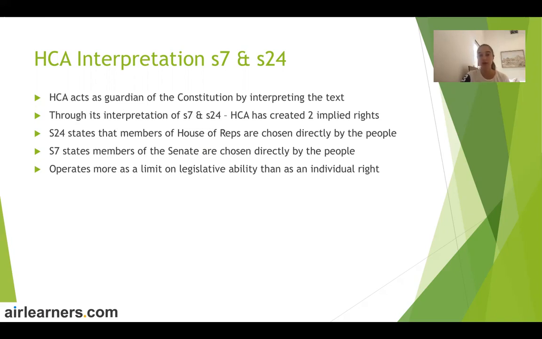So through the High Court's interpretation of Section 7 and Section 24, the High Court has actually created two implied rights, which are implied from the text of the Constitution and not expressly written in the Constitution. Section 24 states that the members of the House of Reps are to be chosen directly by the people, while Section 7 states that members of the Senate are to be directly chosen by the people.